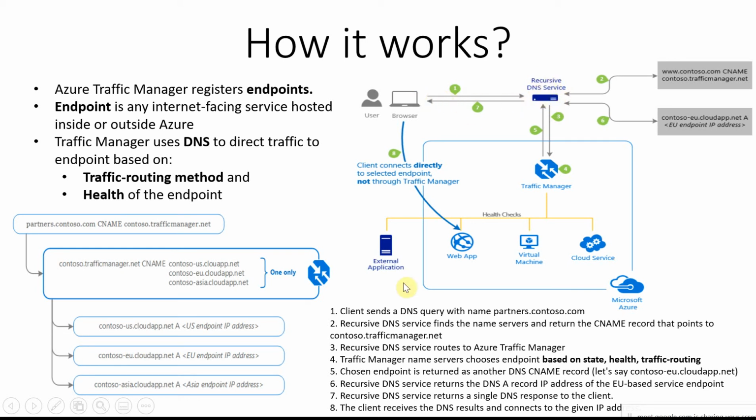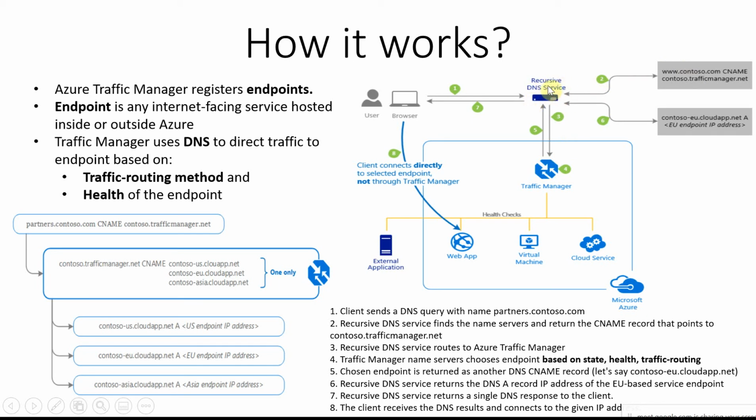When you hit a browser, the client sends a DNS query with the name partners.contoso.com. Then the DNS server, using recursive DNS, finds the name servers and returns the CNAME record that points to contoso.trafficmanager.net. The DNS service needs to know whether this is deployed in Azure or deployed in some other place.